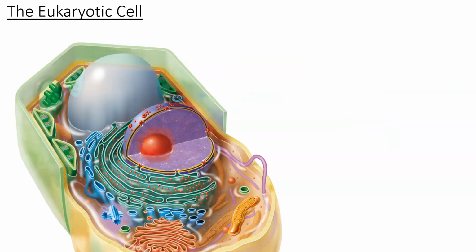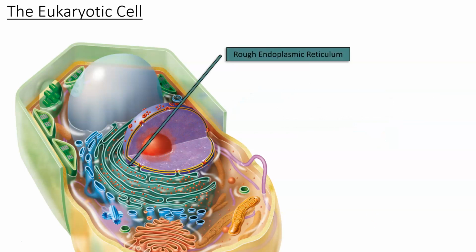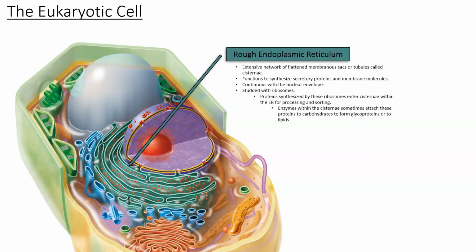All right. Moving outside of our nucleus, you come to the rough endoplasmic reticulum. The rough endoplasmic reticulum is an extensive network of flattened membranes. Those are called cisternae. The cisternae are flattened because this organelle is all about surface area.